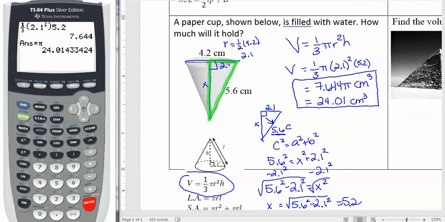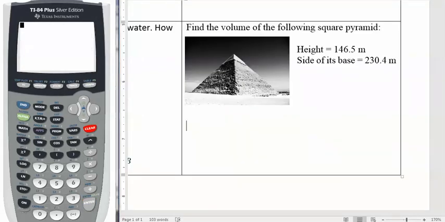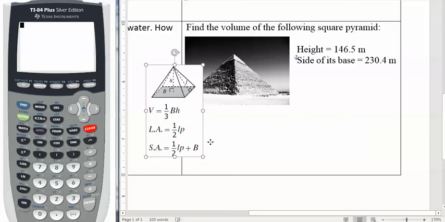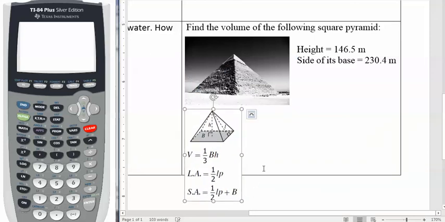Let's look at our last example. For our last example, we have this shape. This is actually a pyramid in Egypt. So if I look, I'm going to need to get my formula for pyramids. So I'm going to bring that over so I have it sitting here.